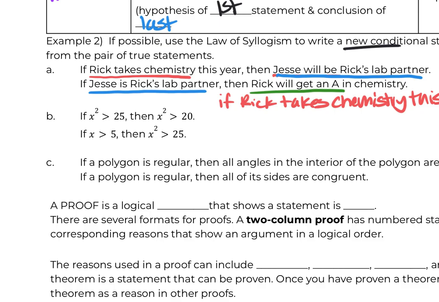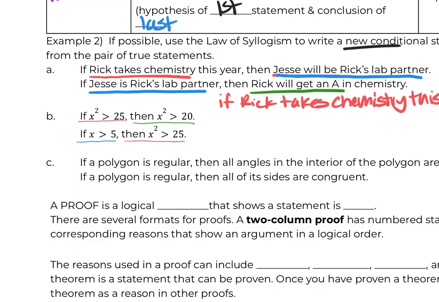It's got an if and a then that is repeated, but let's see if it makes sense. If x is greater than 5, then x squared is greater than 25. And if x squared is greater than 25, then x squared is greater than 20.